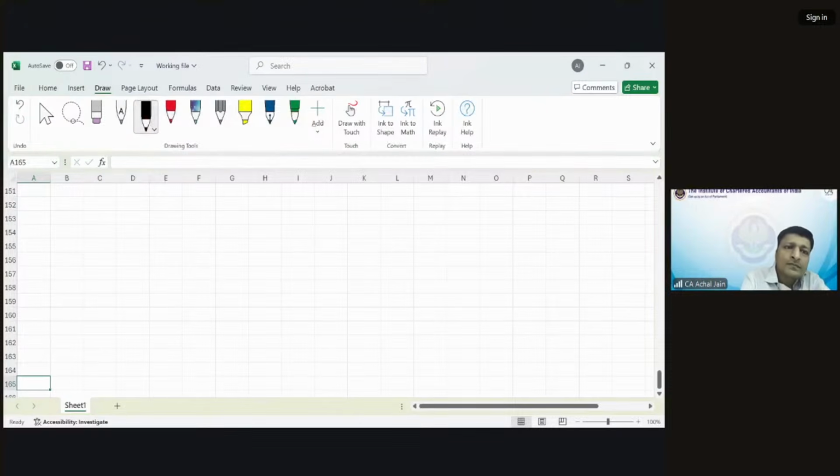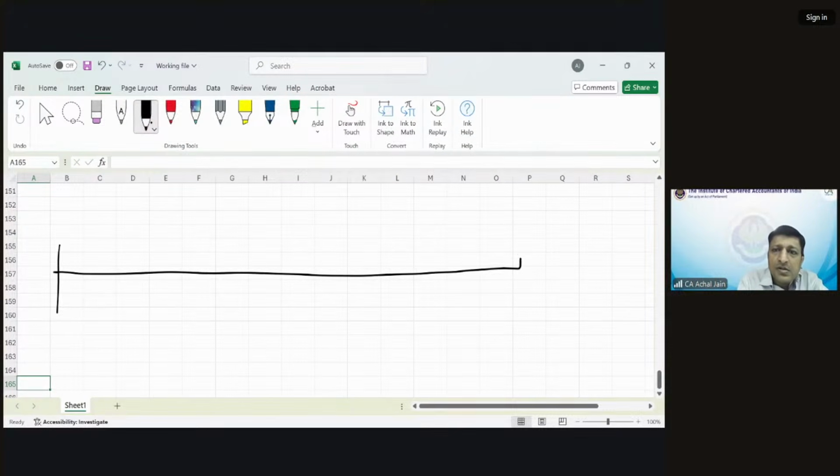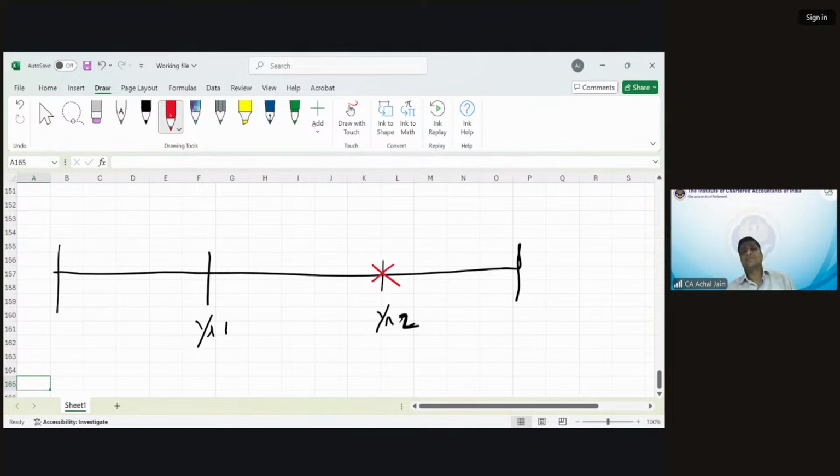So let's suppose we are looking at 2 years. This is year 1. This is year 2. Now let's suppose we are looking at the closing balance of year 2. Over here, you have a liability equivalent to 6,000.